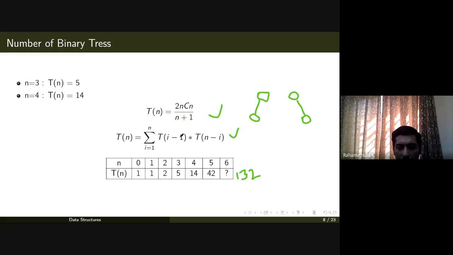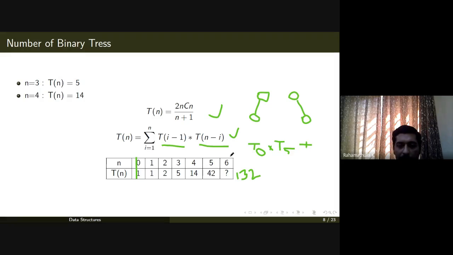For I equal to 1 to n, it is T of I minus 1 into T of n minus I, so it will be T0 into T5 plus T1 into T4 plus T2 into T3 plus T3 into T2 plus T4 into T1 plus T5 into T0. That sort of summation you will get.